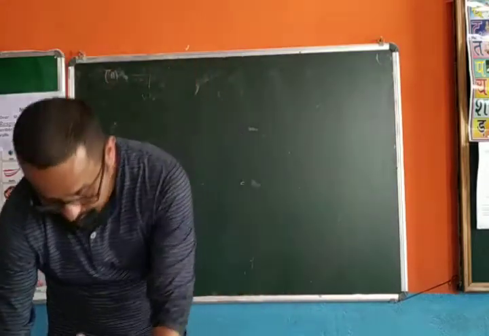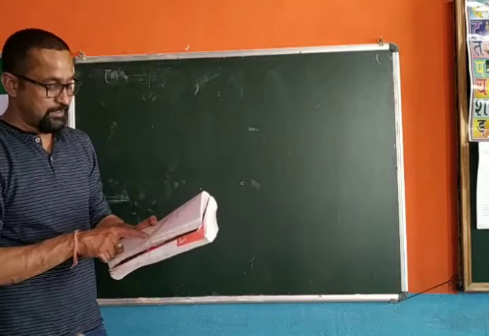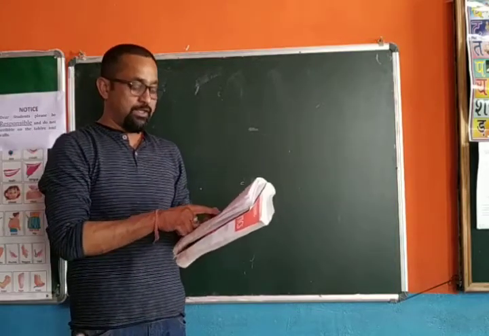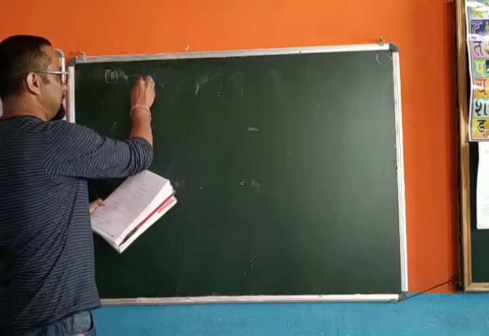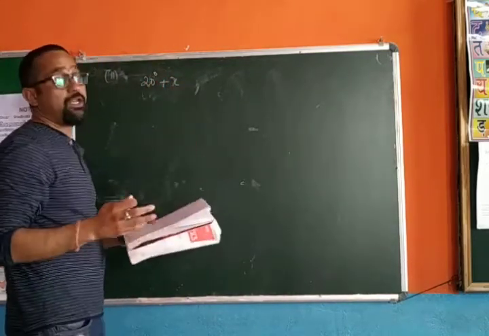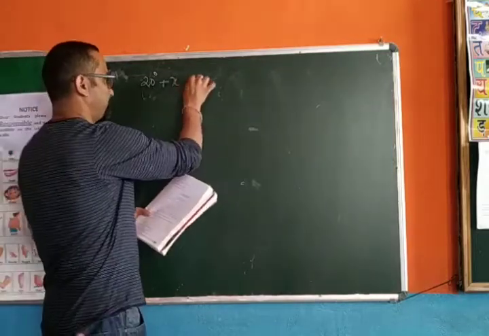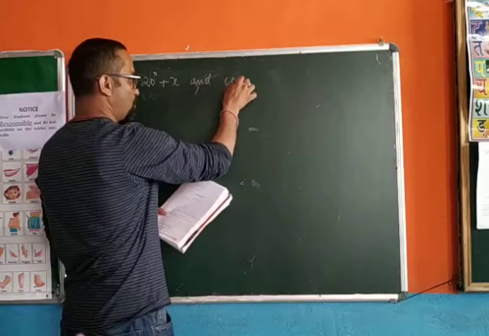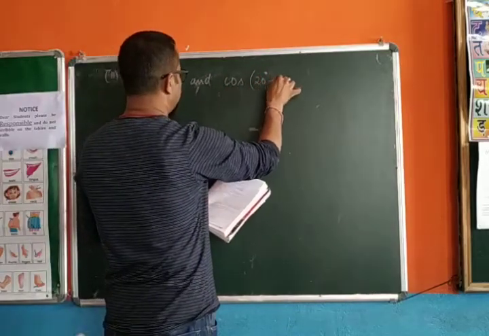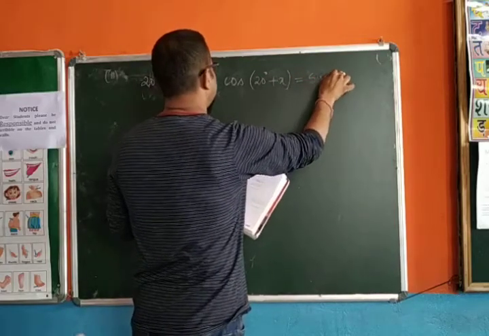Second one, similar sum. Question says that 20 degree plus x is an acute angle and cos 20 degree plus x equal to sine 60 degree.